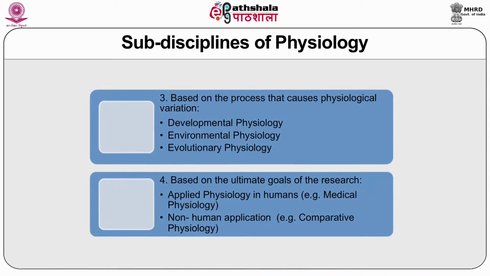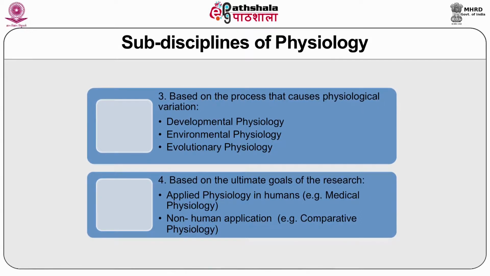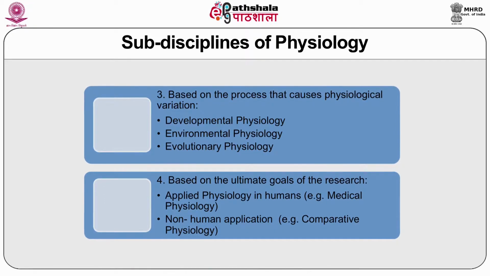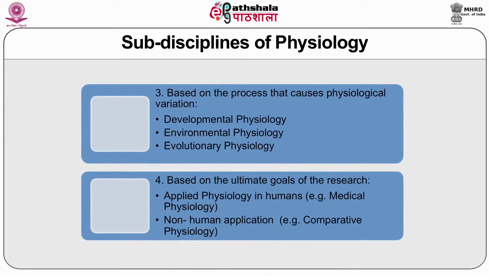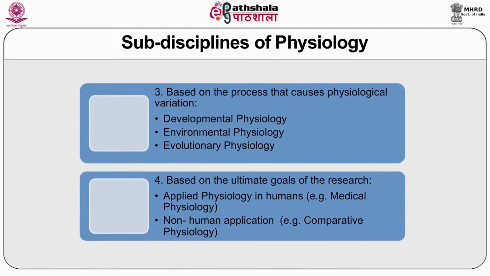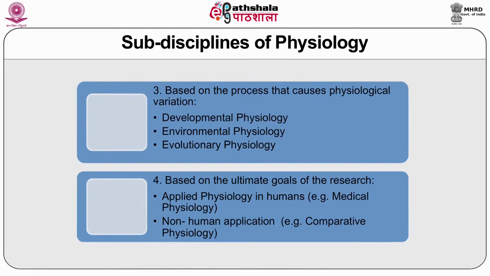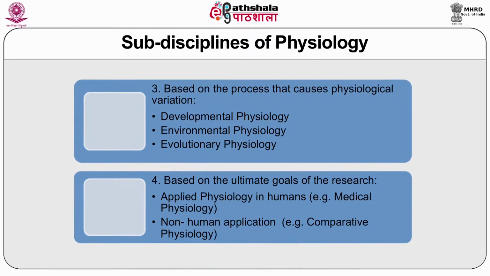Subdisciplines of physiology may also be based on the process that causes physiological variations. There are three important subdisciplines: developmental physiology, environmental physiology and evolutionary physiology. As the name suggests, these factors introduce variations in physiology.